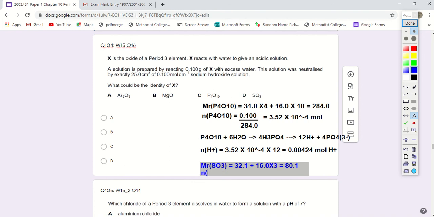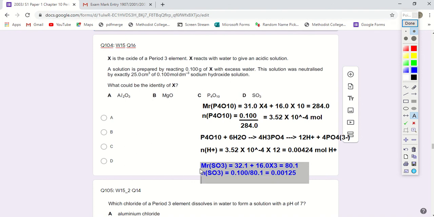Then let's find the number of moles if the mass is 0.1 gram. Divide by 80.1, we should get 0.00125 mole.